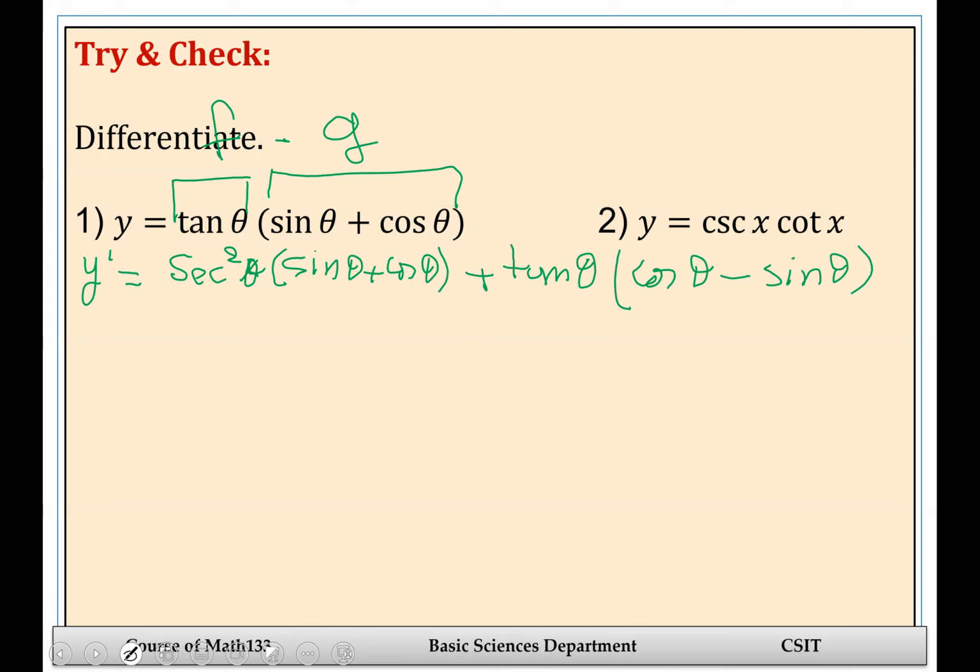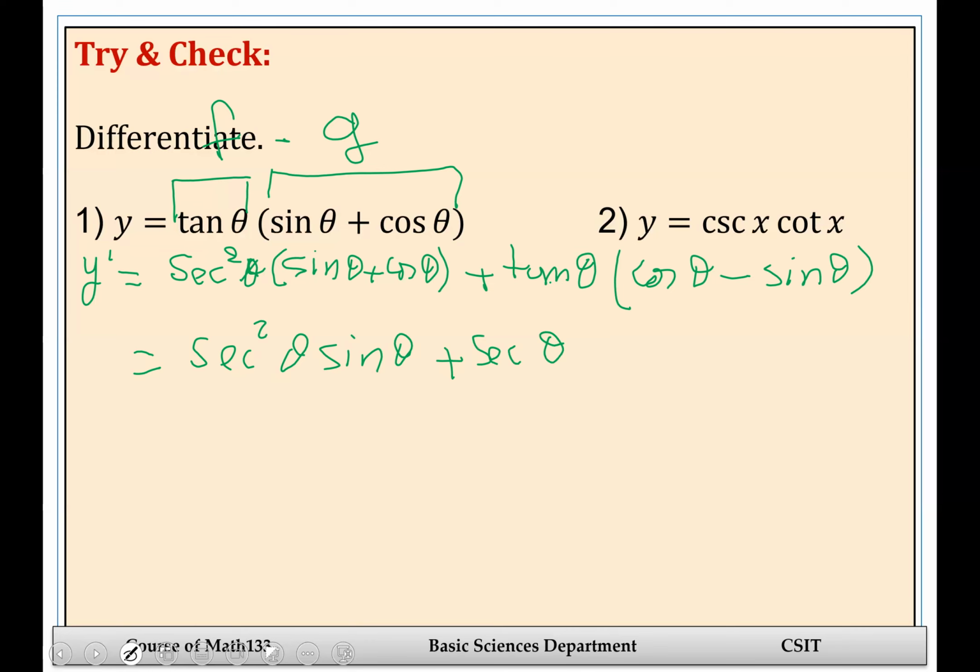We can put maybe cosine and sine common factor. So separate, expand, and then put them in one expression times cosine and another expression times sine. If not, we can keep the result like that. Okay. So another way to see the result is secant square theta times sine. Secant square times cosine, that will give plus secant theta.